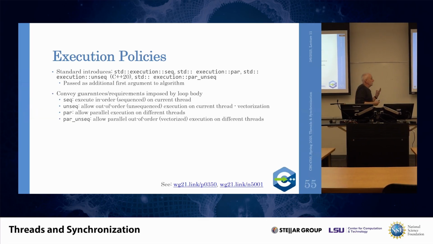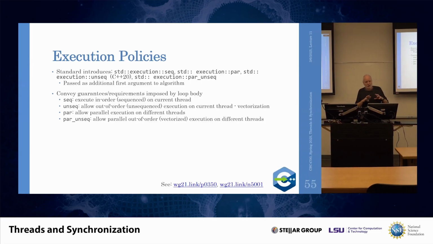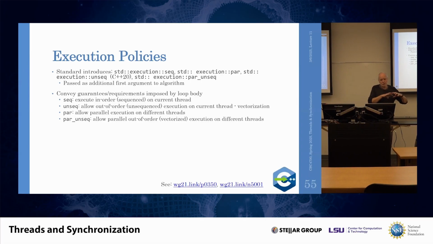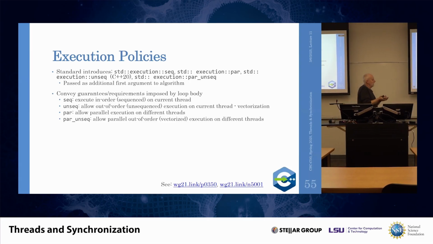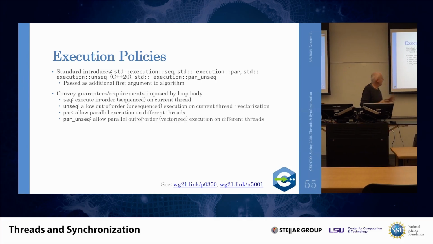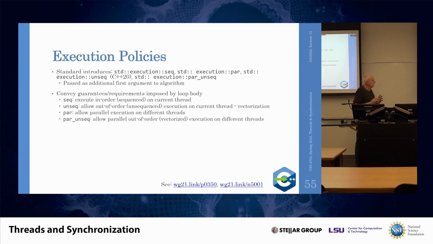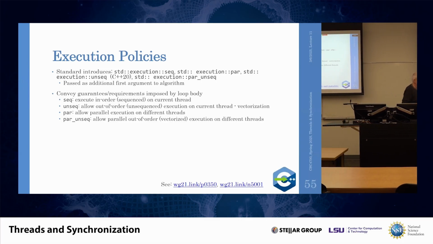These execution policies convey restrictions that are imposed by the body itself, by the lambda. Seq means the lambda I'm passing to you has to be executed in order on the calling thread. So there's no way that the loop can parallelize things.